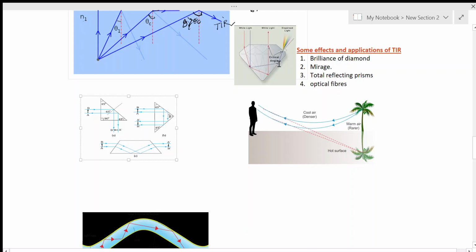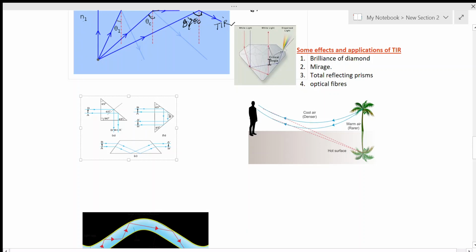Similarly, you can see the brilliancy of diamond is also due to total internal reflection. Once the ray of light enters the diamond, it will undergo multiple total internal reflections on its different faces. That is why a cut diamond is more shining than a normal diamond which is uncut. So in cut diamonds, the faces help in these multiple reflections inside.